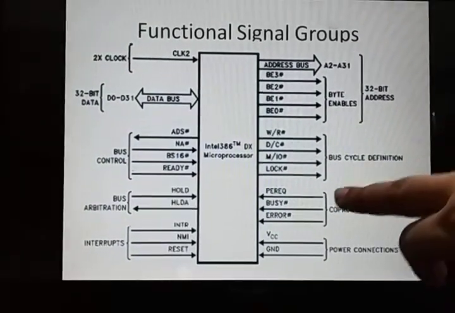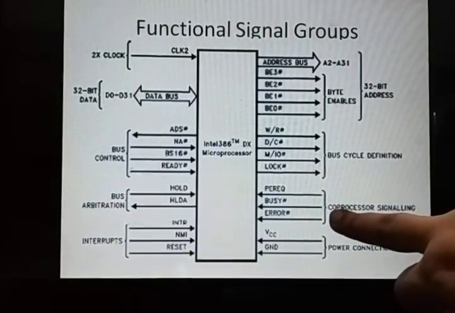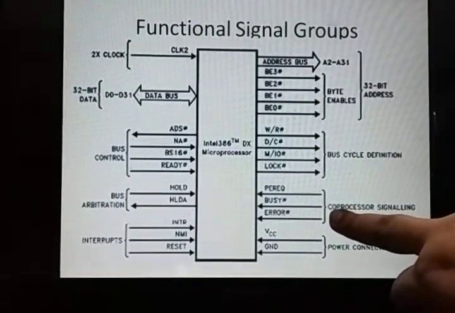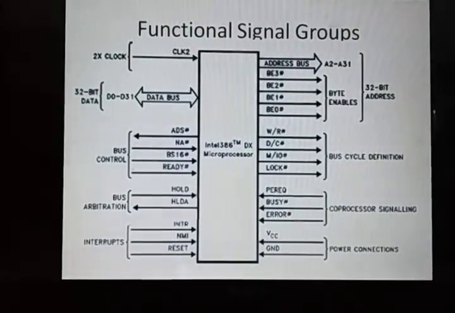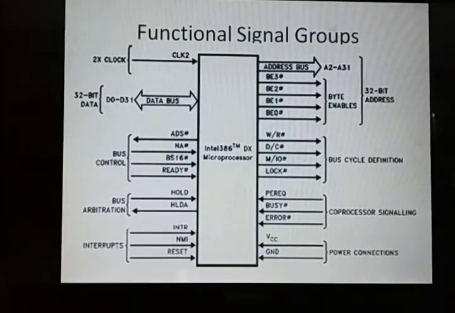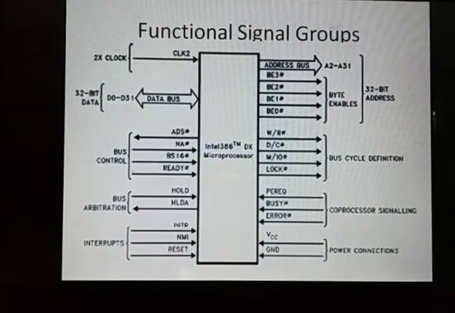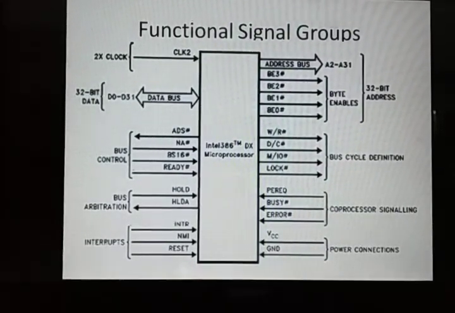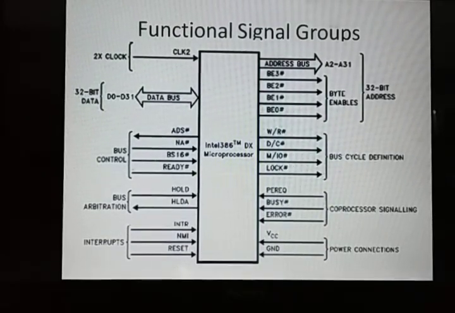And the next pin is the PEREQ pin, the processor request extension pin. The coprocessor request asks the 80386 to relinquish control, and it is a direct connection to the 80387 arithmetic coprocessor.